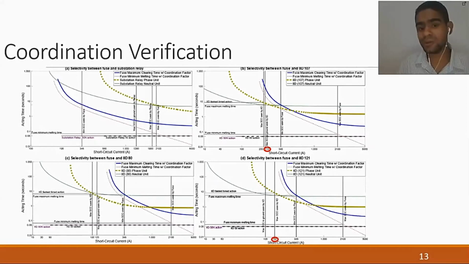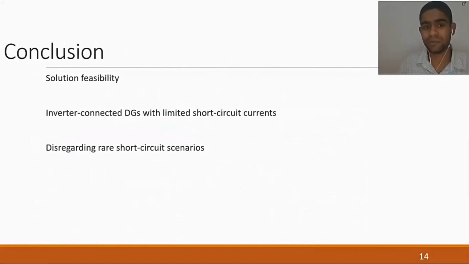If we didn't do so, we could set those pickup currents too high and experience some loss of coordination depending on the fault scenario.